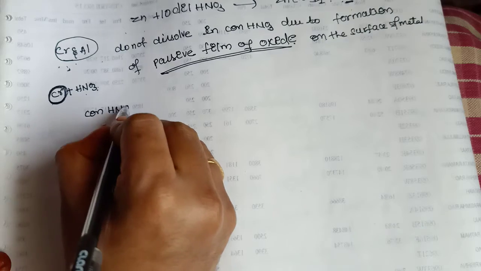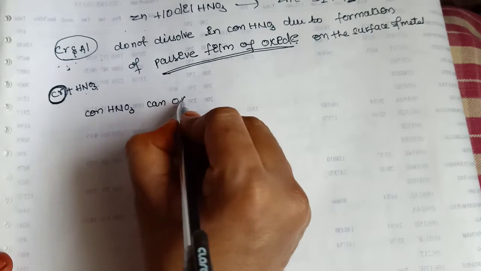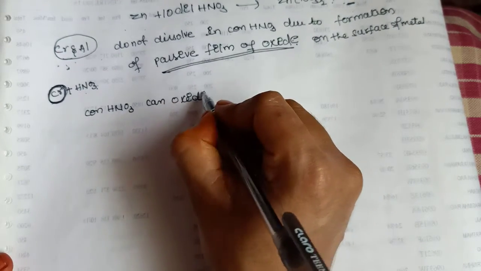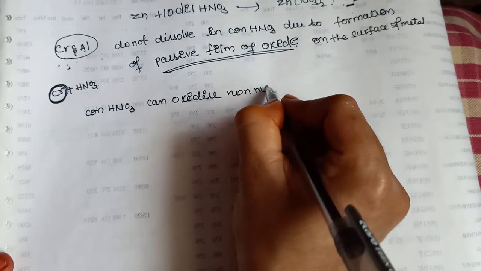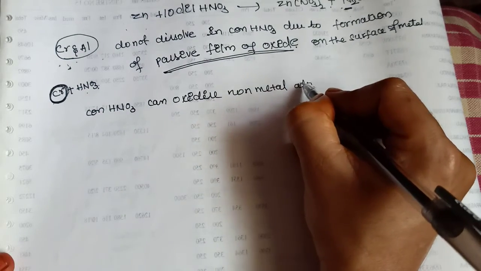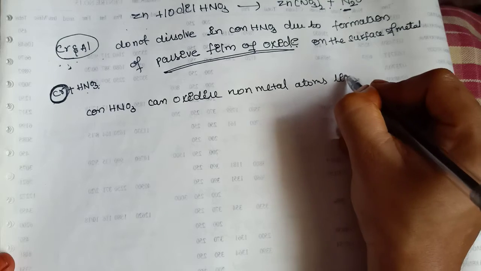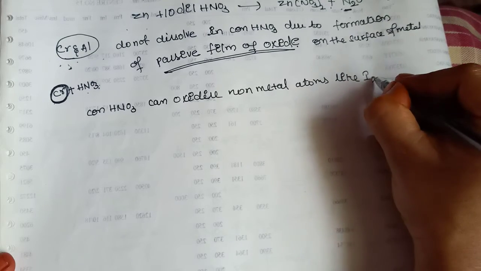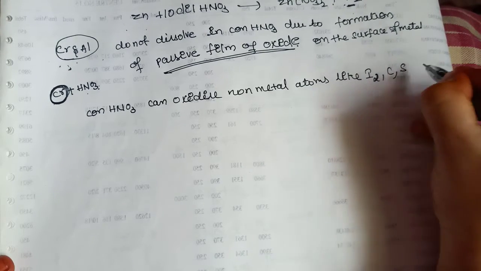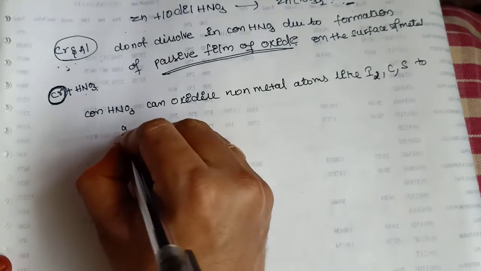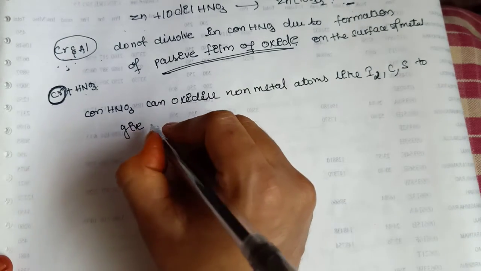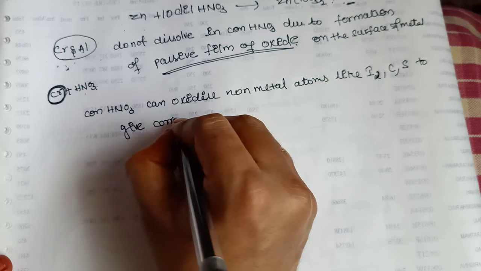And conc. HNO3 can oxidize non-metal atoms also, like iodine, carbon, sulfur and phosphorus, to give the corresponding oxo acids.